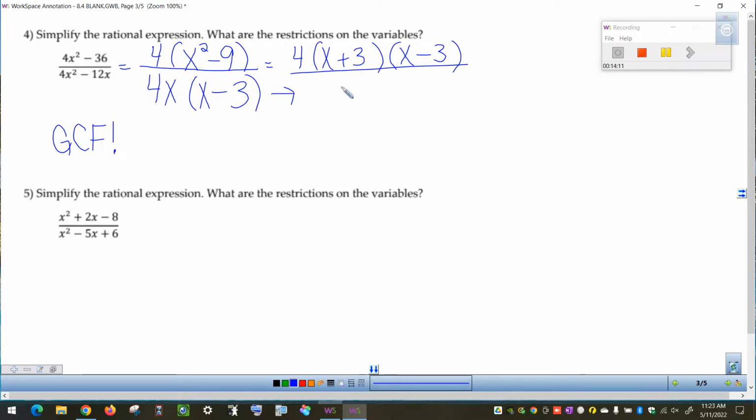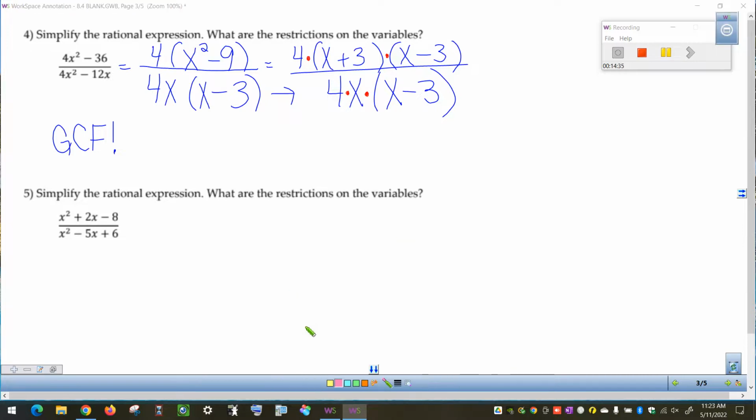I'm just going to rewrite that right off to the side here so that we have all of our pieces that we're looking at in the same place. Now we have things being multiplied together. So let's just imagine that we have some multiplication signs here across the top, and we've got multiplication here on the bottom.